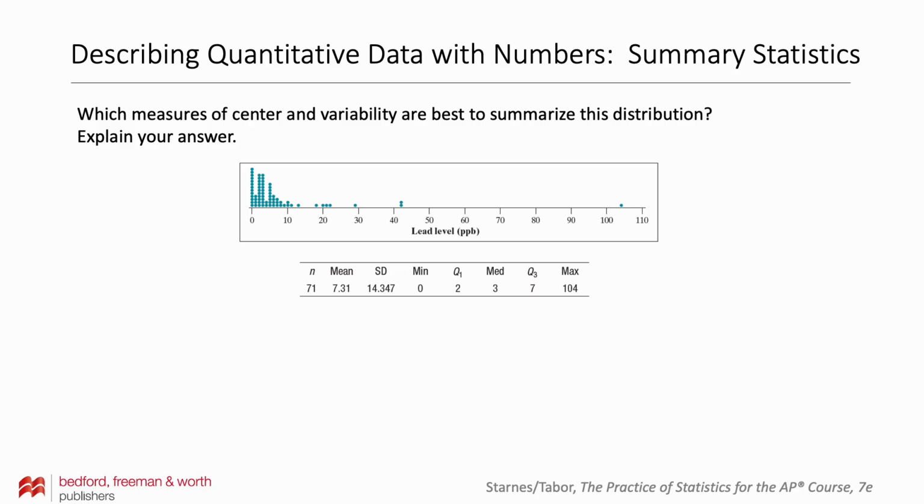Now, which measures of center and variability are best to summarize this distribution? We're going to look here and identify whether it's symmetric or skewed. Notice it does look skewed with a possible outlier. Since that's the case, we want to use the median because it's resistant to outliers, and we want to use the IQR here.